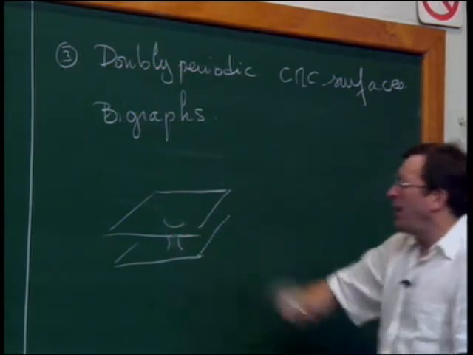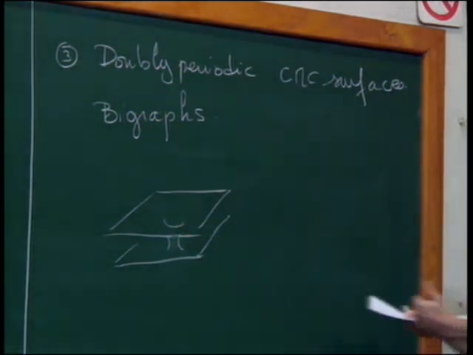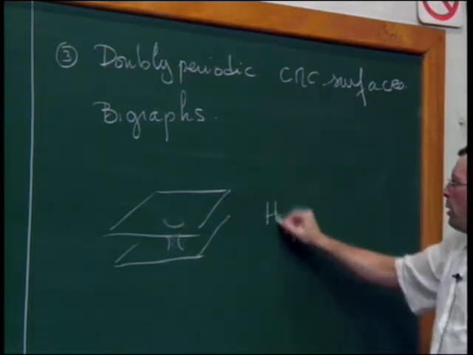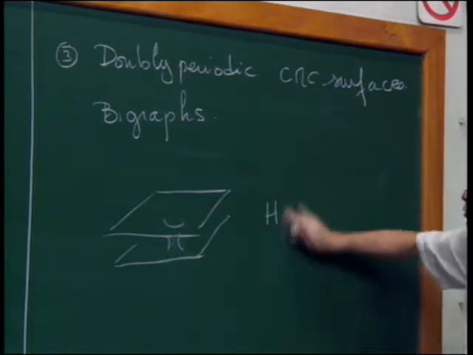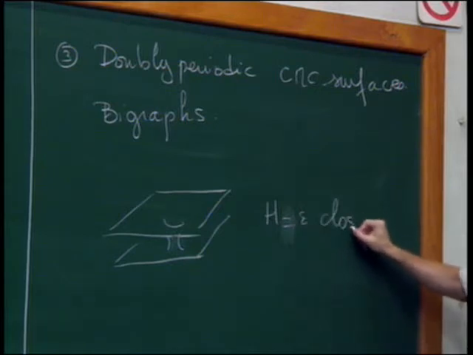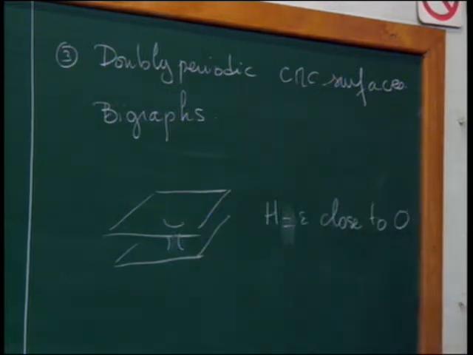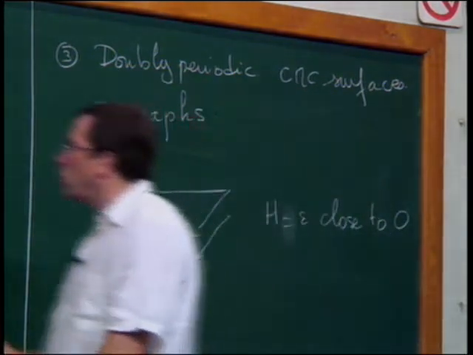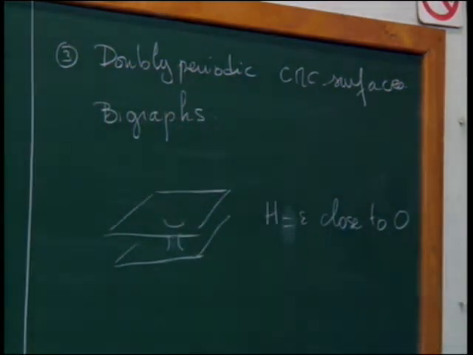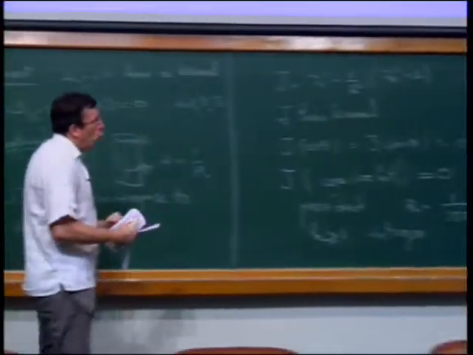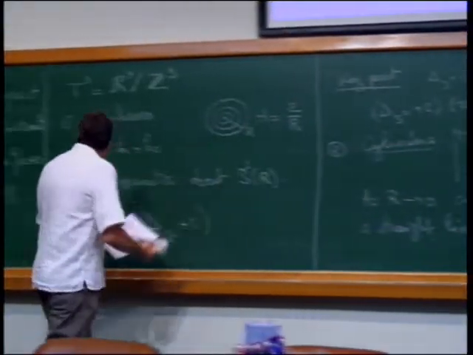What you obtain is a constant mean curvature surface with mean curvature epsilon close to 0, which is exactly obtained by taking two flat tori and connecting them by a small catenoid. This exists when the mean curvature is close to 0, while the other surfaces exist when the mean curvature tends to infinity also.